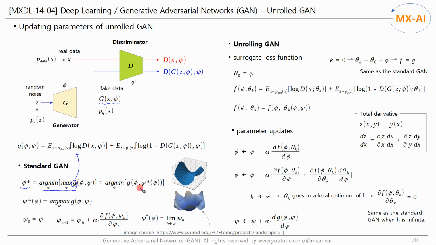First, we find the optimal psi star by maximizing g while keeping phi fixed. Then we find the optimal phi star by minimizing g of psi star. However, explicitly finding the optimal discriminator parameters, psi star of phi, for every update step of the generator is computationally infeasible for a neural network-based discriminator.